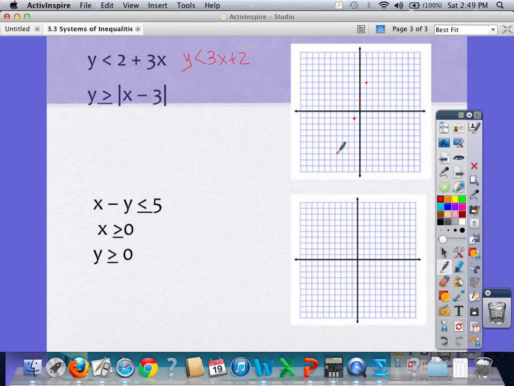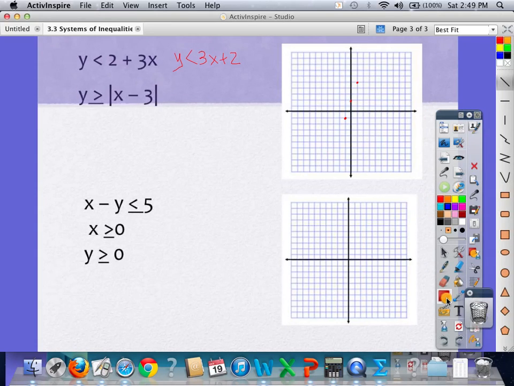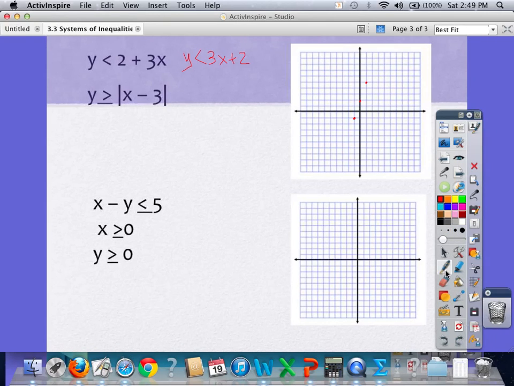This time I'll try to make a better line. You have to have a dashed line because it is a less than. It's going to be like this. And it says less than, so that means you need to shade below.